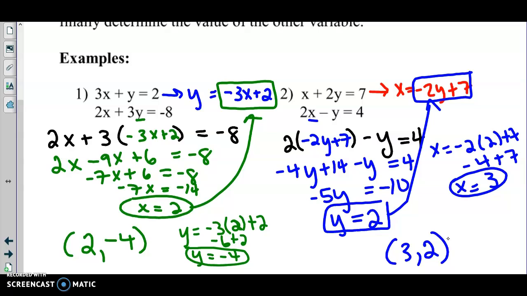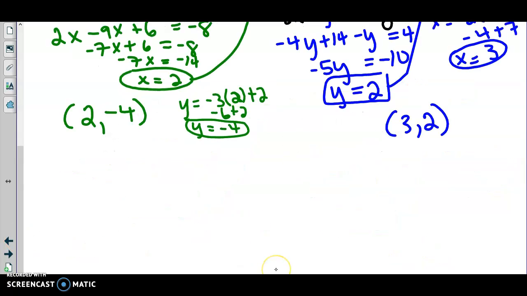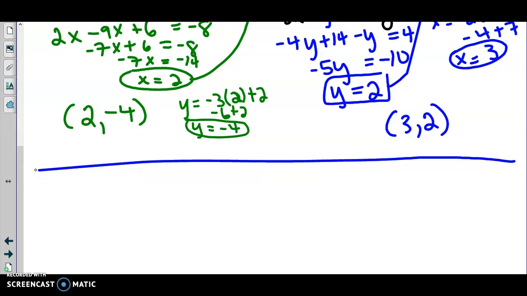These two example problems show you when the two lines do intersect. For the sake of time and for letting you guys go through your homework in a decent amount of time, for problems that are parallel, when you go to use substitution, your variables will cancel out and you would be left with a false statement. So parallel lines have no solution.